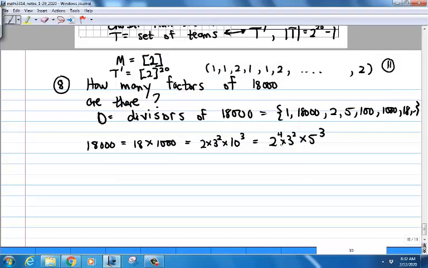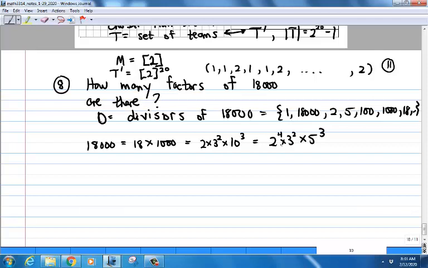One way to solve this problem is to think of the prime factorization of 18,000, and that's pretty easy to write down. 18,000 is just 2 times 3 squared times 2 times 10 cubed. But then you can further break down 10 as 2 times 5, so it's really 2 to the 4th power times 3 squared times 5 cubed. That's the prime factorization for 18,000.